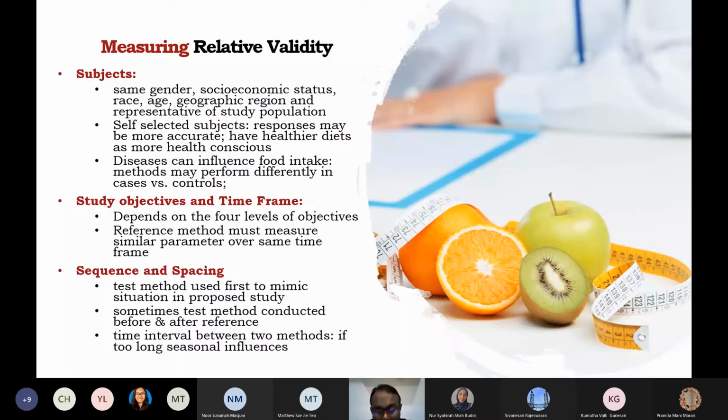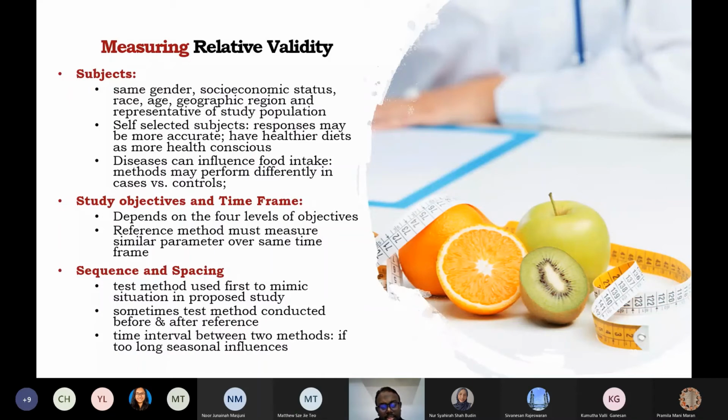So there are some methods where we can have cases and controls during our relative validity experiments. The study objectives and time frame for relative validity depend on the 4 levels of objective that we will see after this, and the reference method must measure the similar parameter over the same time frame.